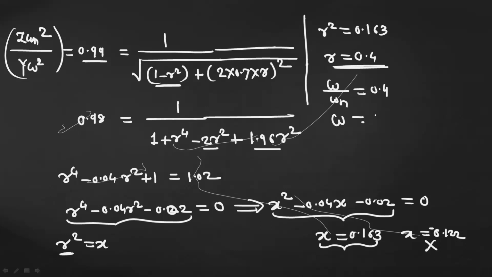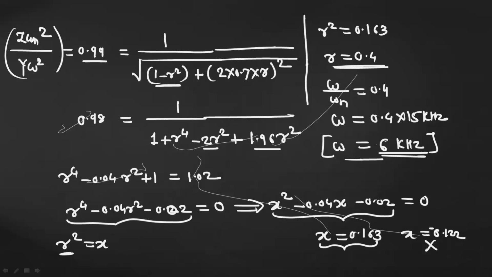So omega is equal to 0.4 into 15 kilohertz, which is equal to 6 kilohertz. So this is the maximum value when we assume the error as minus 1%.